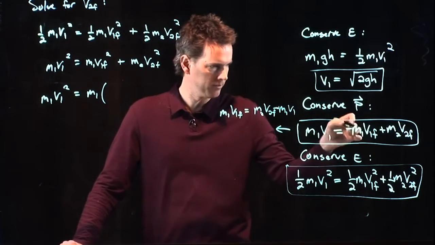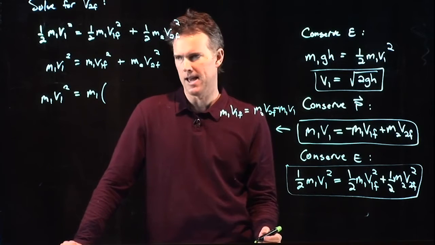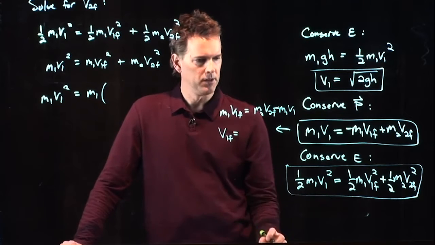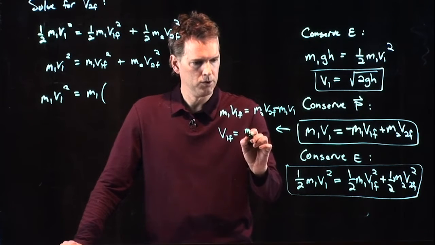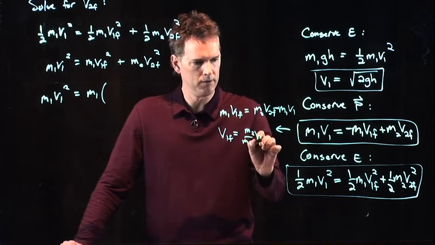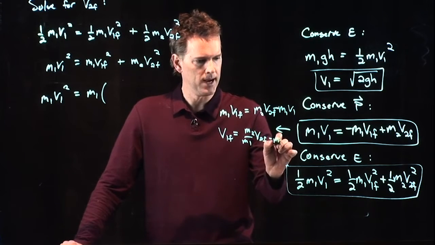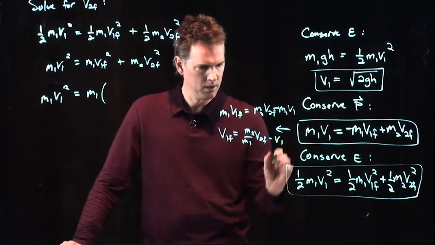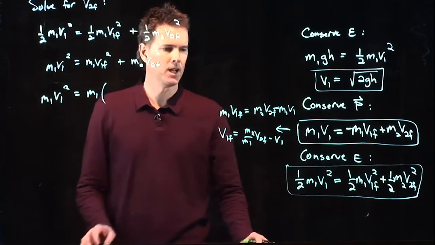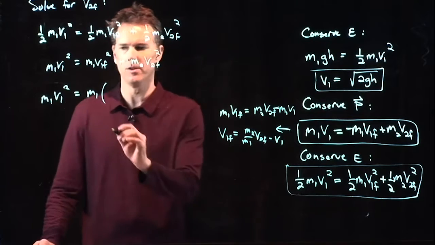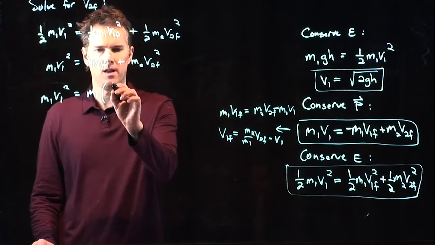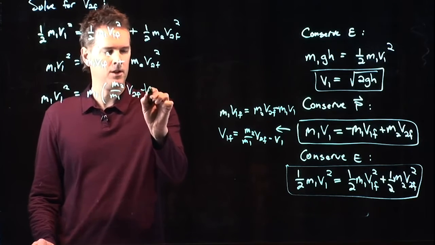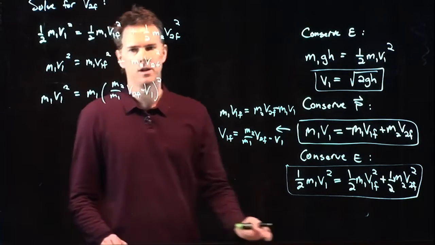I just moved that over to the other side, and now I can write this as v1f is equal to m2 over m1 v2f minus, this m1 is going to go away, and so I just get v1. Okay, so now I have everything in terms of v1f. So let's put that in right here. m2 over m1 v2f minus v1, quantity squared.